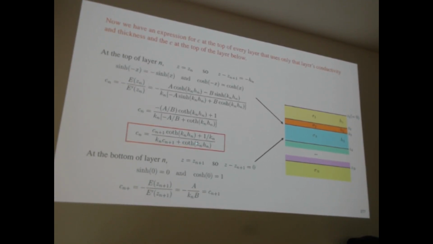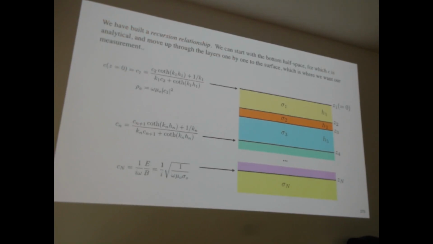And this works because at the top of any given layer, the impedance depends only on the layers underneath. So it's only looking down. So if you're down at the bottom of this stack of layers, you don't care about anything above you. You can work out what C is at the bottom. We've already solved that.